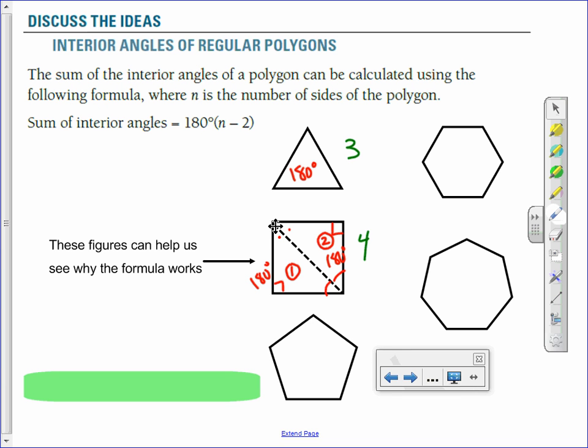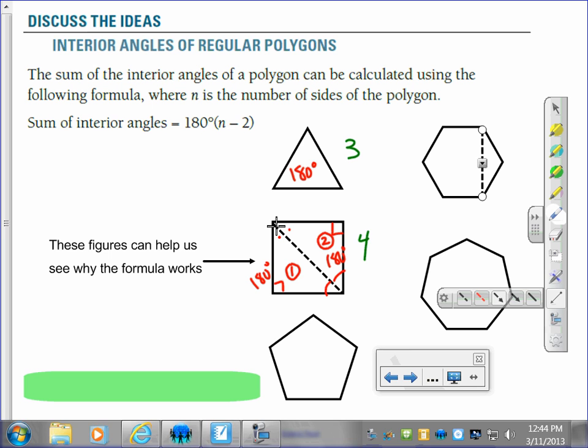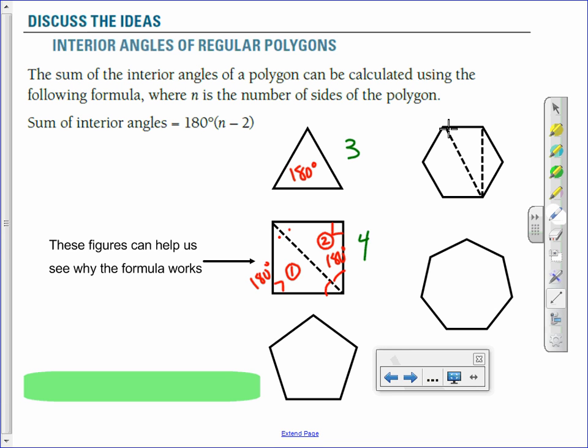If we keep on going that way, let's jump up to here. We have to connect so that we have just triangles, but we also have to make sure that the corners of each triangle are at a corner of the polygon. So this is 1, 2, 3, 4, 5, 6 sides.